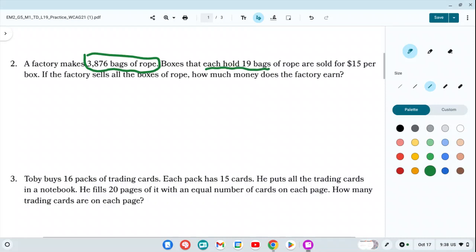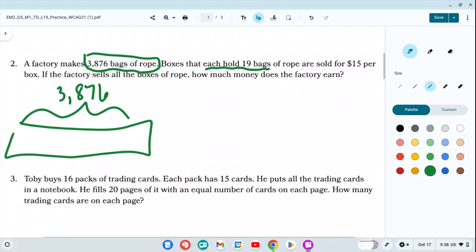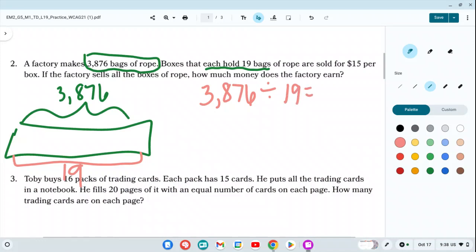So I know that there's this many bags of rope, and I know that there's going to be 19 bags. So first, what I want to do is find out how many boxes can carry all these bags. But that's not all that we have to do.